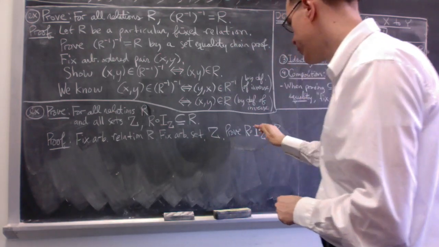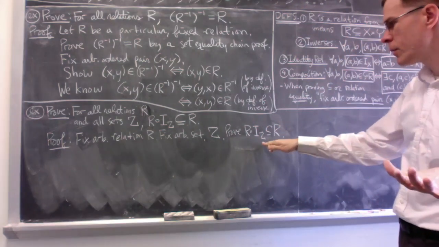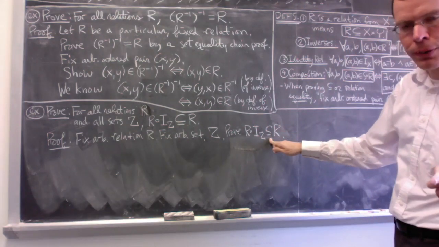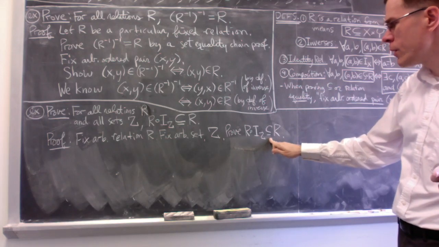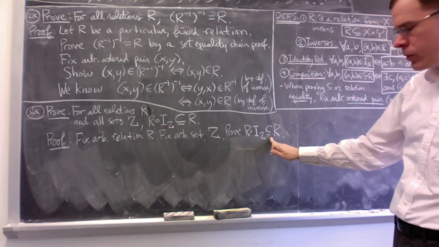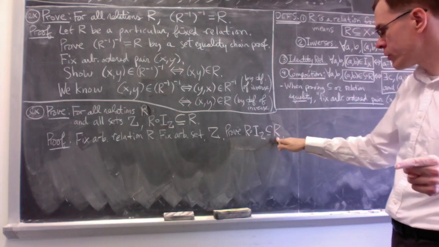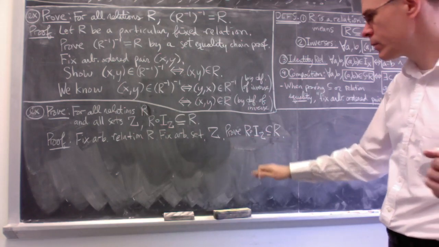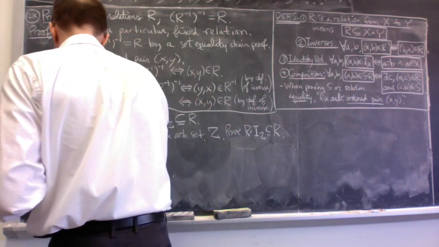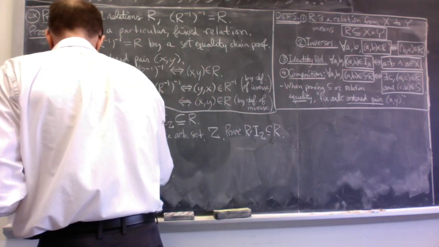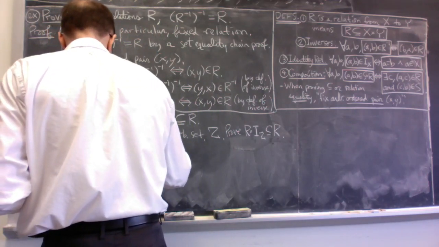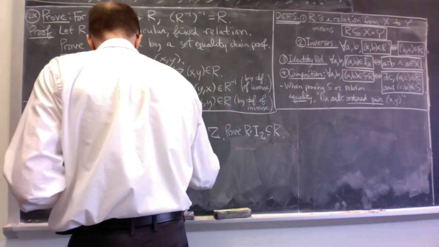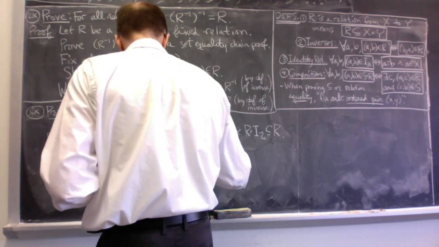All these relations are sets of ordered pairs. And so when I get to the subset, I use the proof template for subsets, but instead of fixing an arbitrary x, because this is a relation, composition is a relation by definition, everything is a relation, I'm going to fix an arbitrary ordered pair, little x comma y.